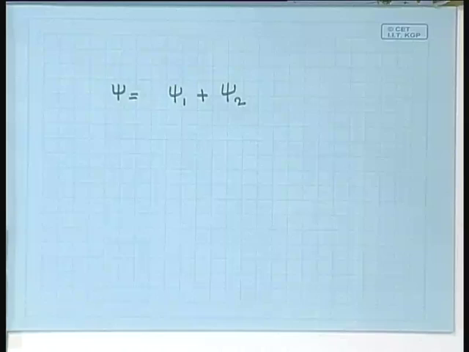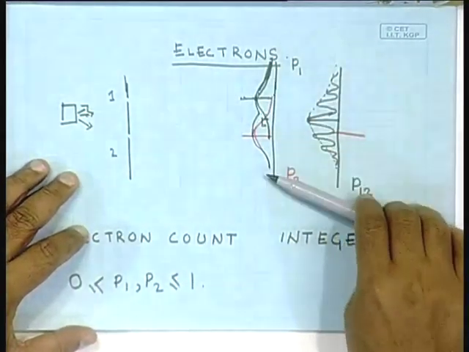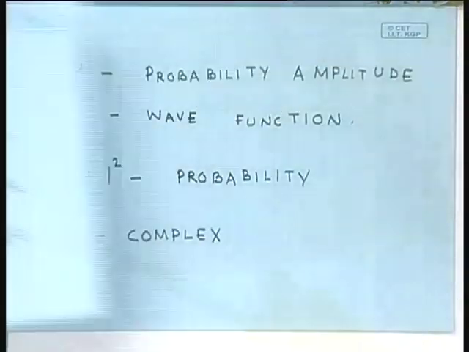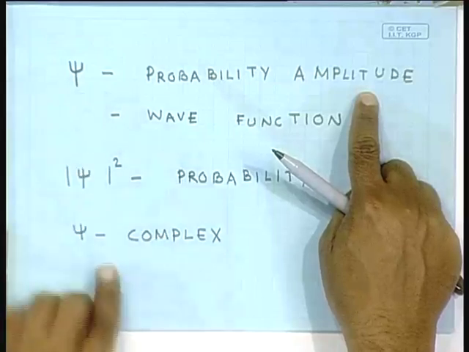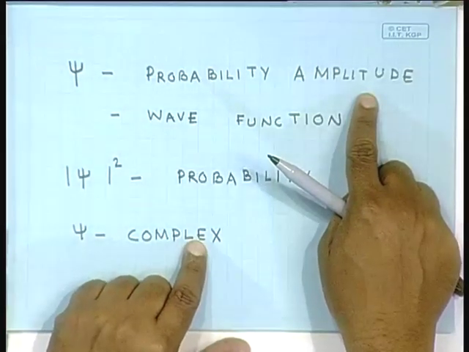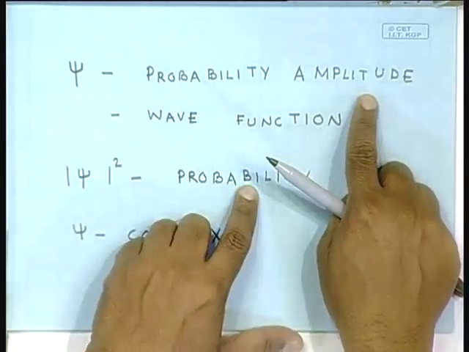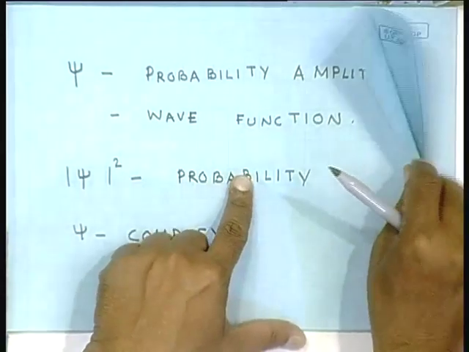Now, if you ask the question, what is the probability of finding that electron at any point on the screen, this psi is called the probability amplitude. It is a complex function defined at all points on the screen, and the modulus square of this is what gives the probability.